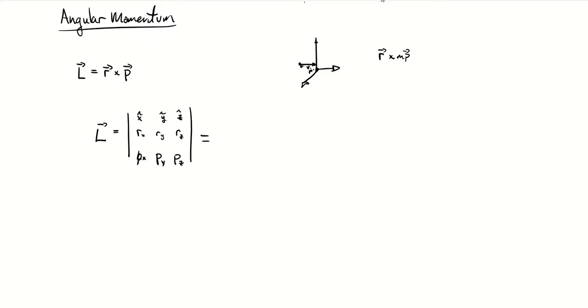When we do this cross product, we have the x component, which is y times the z component of the momentum, minus z times the y component of the momentum, in the i hat direction, and then the other two components.